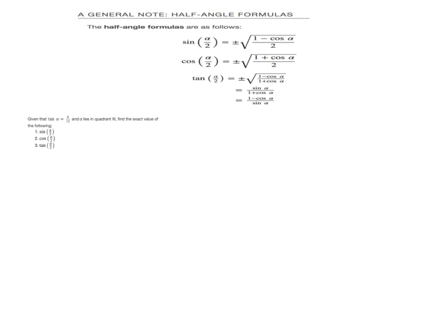So let's use these and then we'll be done. Okay, so we are given, and I'll write this a little bit bigger, the tangent of alpha is equal to 8 over 15.